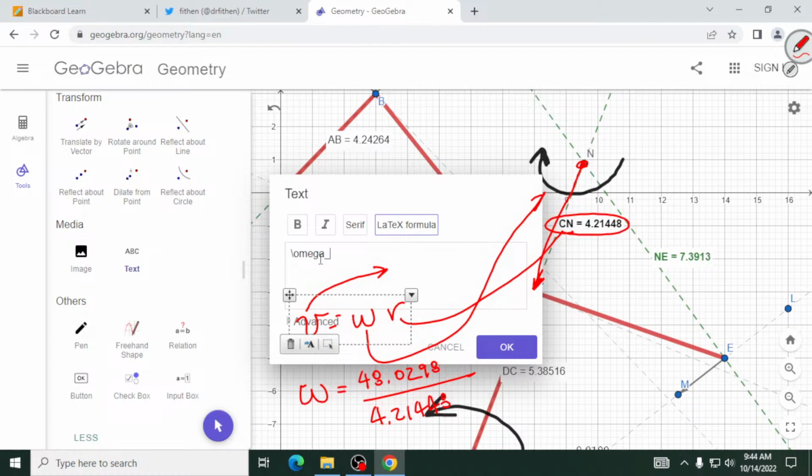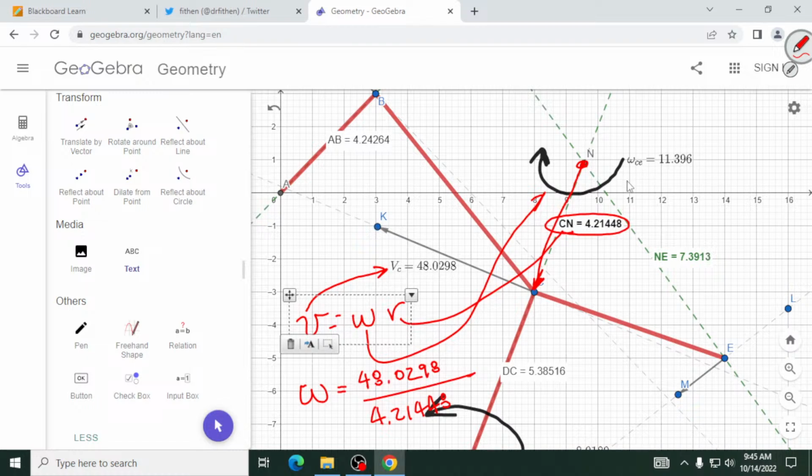I've got to look back at my picture here. The omega is of CE. Omega CE equals, and I've got to go back to my calculator, 11.396. Okay, so there it is.